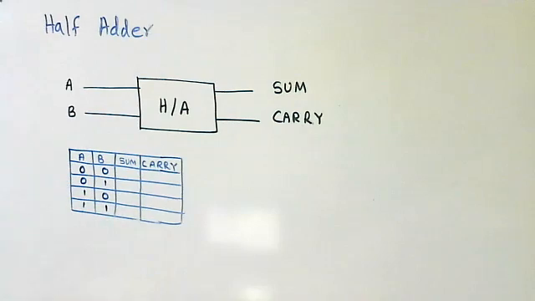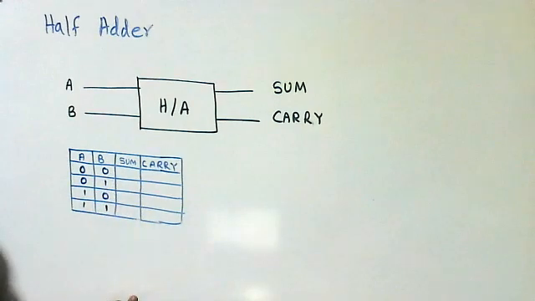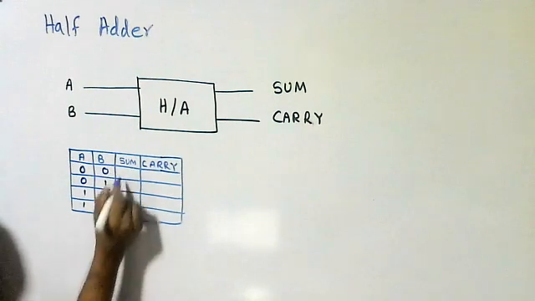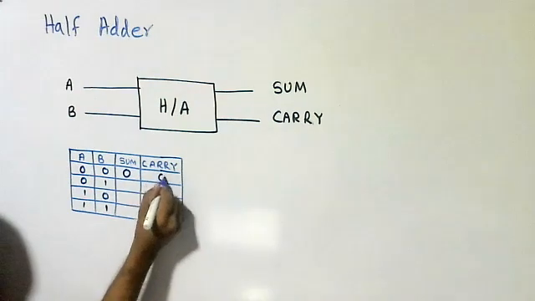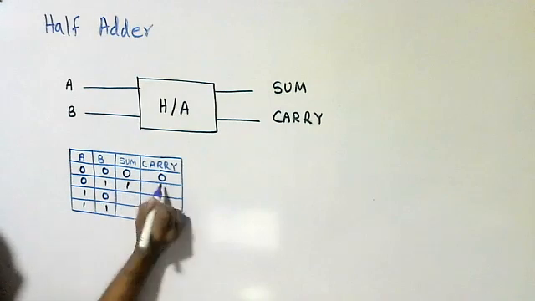Now I'm going to add these. You know binary addition, isn't it? Students, you know binary addition? Yes, sir. Then let me know, 0 0. If we add 0 and 0, what is the sum? 0. Carry also 0. 0 1: sum 1, carry 0.